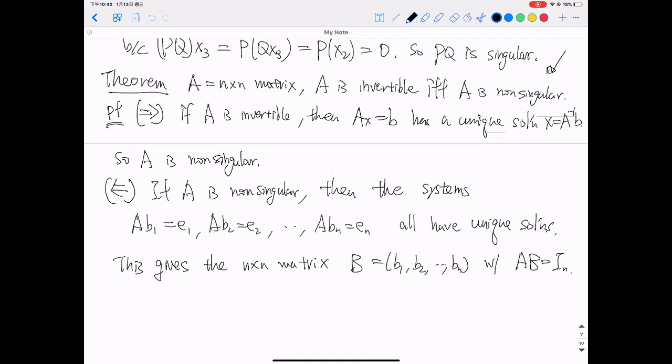Okay, so we want B to be A inverse, right? But for this to hold, we also need to show that BA is the identity matrix.